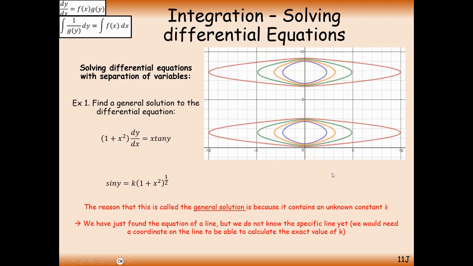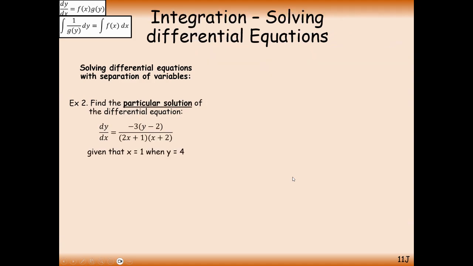So that's how specific. In this differential example, we are asked to calculate the particular solution to one of these equations. So let's have a look at that.